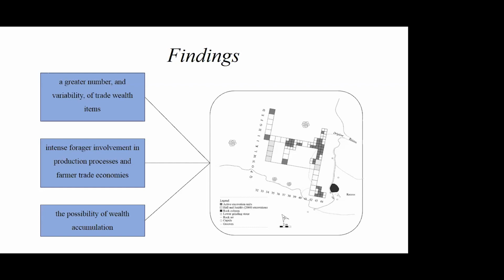It also revealed an intense forager involvement in production processes and farmer trade economies at the onset thereof, and the possibility that foragers might have been accumulating trade wealth, though we are unsure how exactly they would have used this trade wealth, or in what respect, or how they would have viewed it.